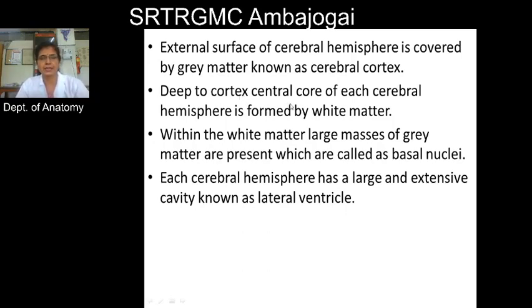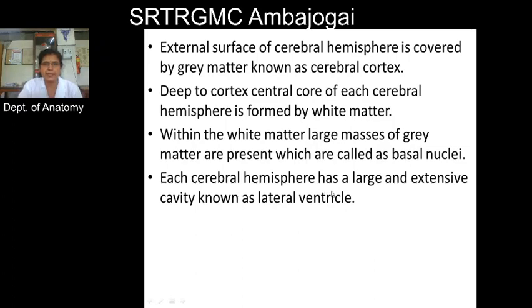In the spinal cord, centrally there is gray matter and peripherally is the white matter, and in the cerebrum, peripherally there is gray matter which forms the cerebral cortex, and the central core is formed by white matter. Within the white matter, large masses of gray matter are present which are called basal nuclei or basal ganglia.